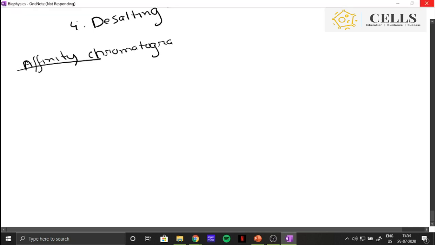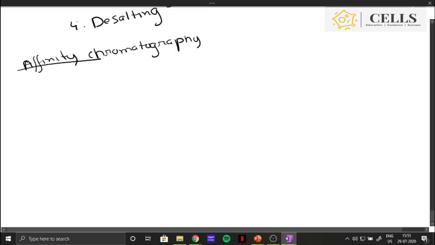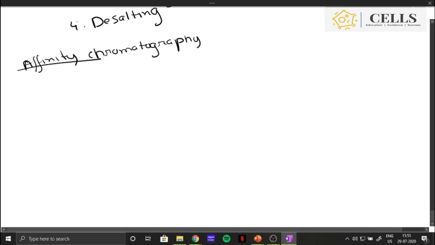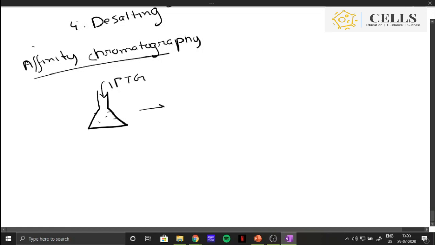As we explained earlier, suppose you have a cell culture that you have induced with IPTG. Now you have overexpressed your protein.